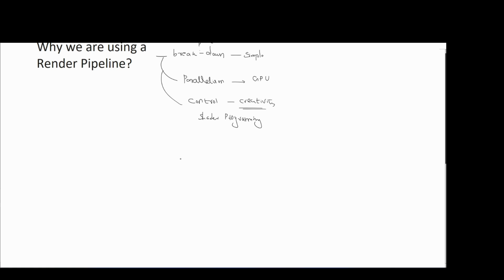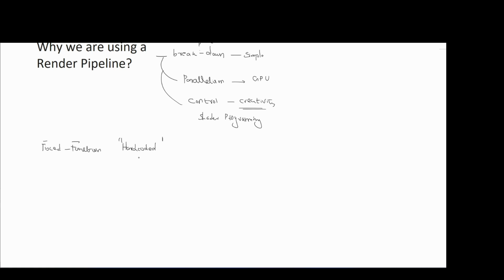So we need to know what type of render pipeline we used historically. Initially, we had a fixed function pipeline, which is a hard-coded type of pipeline, hard-coded to the GPU.